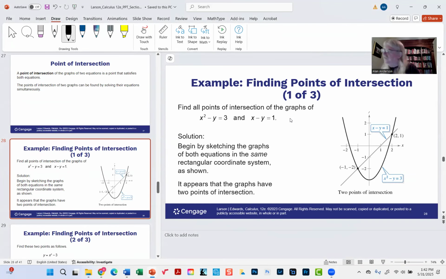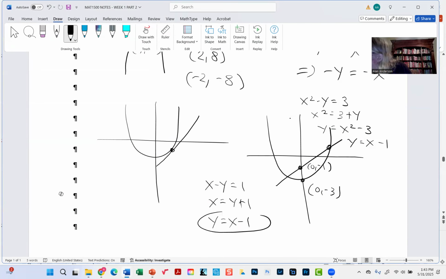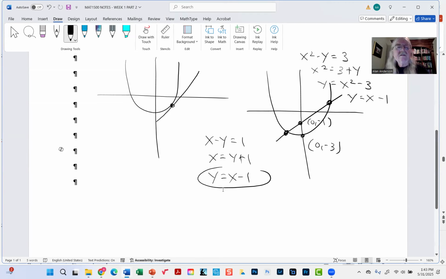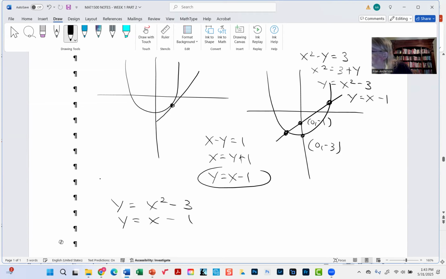Okay, now they want us to find these two points. And so in order to do that, we're simply going to set the two equations equal to each other. So actually, we should probably rearrange it.